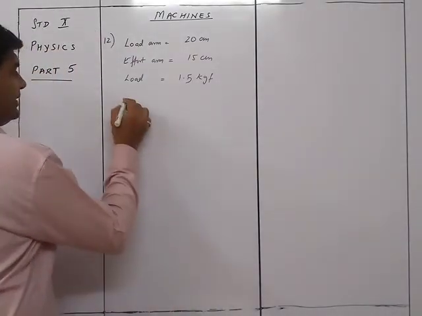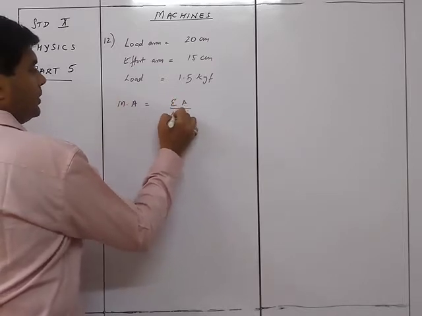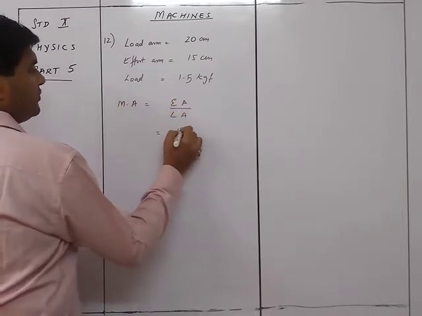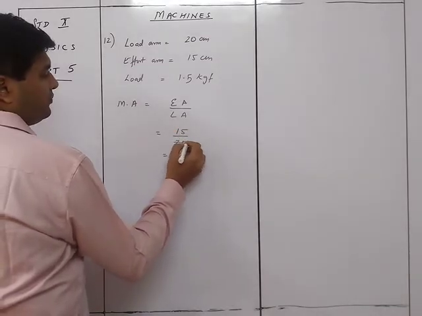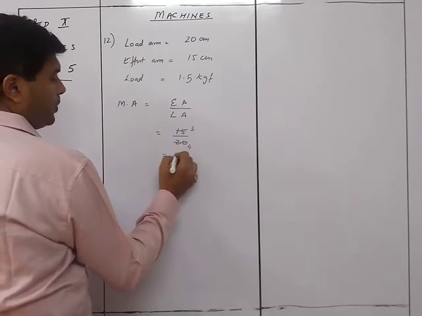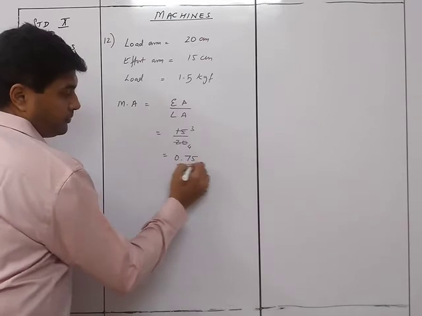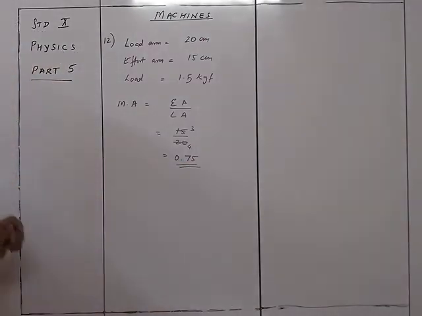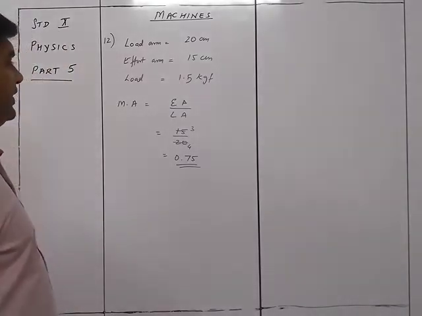First thing, mechanical advantage. So MA is equal to effort arm upon load arm, that is 15 upon 20, that will be 0.75. That's 0.75 mechanical advantage. We need to find out the effort.